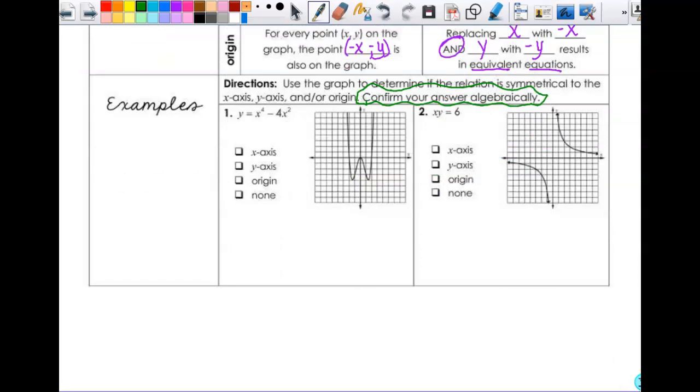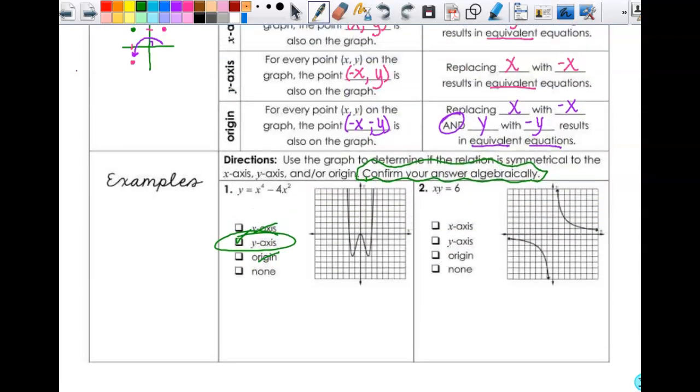So when we look at this graph in number 1, it looks to be symmetric to the y-axis, okay? Not symmetric to the origin, because if I rotate 180, that ain't gonna work. If I reflect in the x-axis, it's not gonna look the same. But I do feel like if I reflect it in the y-axis, it's going to be the same. So then I have to confirm my answer algebraically.